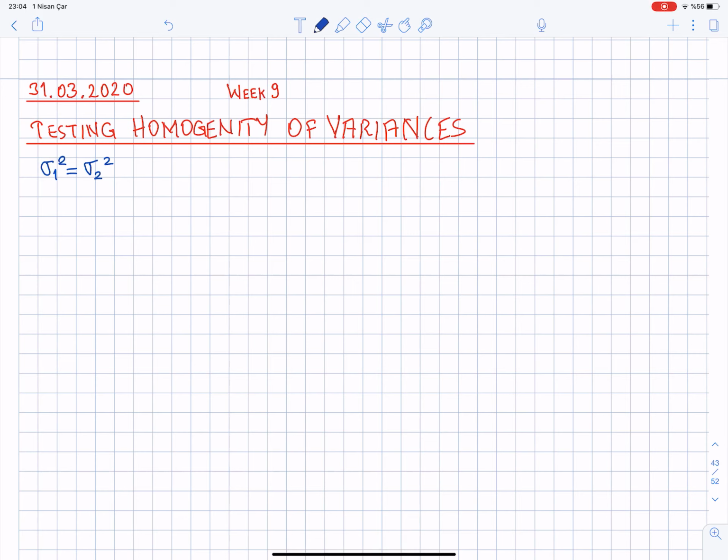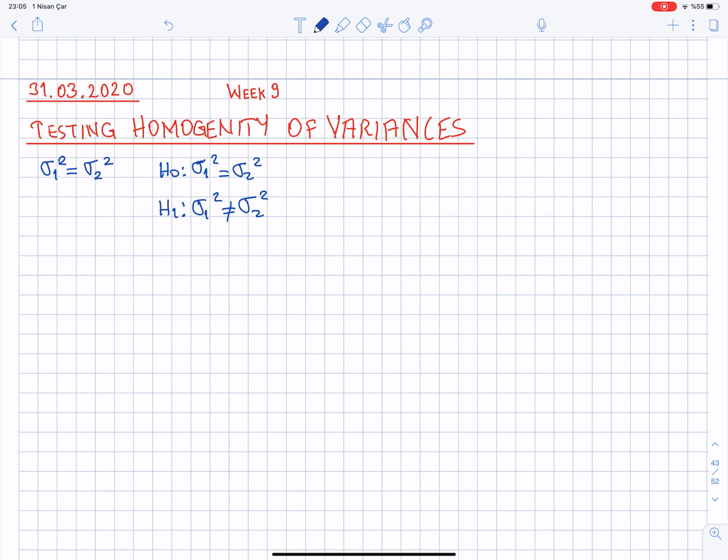In this case you construct the hypothesis as not equal. The null hypothesis is sigma 1 squared equals sigma 2 squared. H1 is sigma 1 squared is not equal to sigma 2 squared. And you don't have left-sided and right-sided hypotheses, only a two-tailed hypothesis.